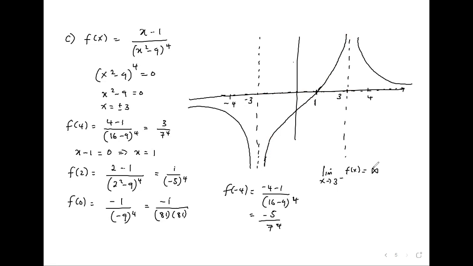And then from right, of f, we're talking of this one. So that's positive infinity. So because the two are equal, we have the limit as x goes to 3 of f to be equal to positive infinity. Like that.